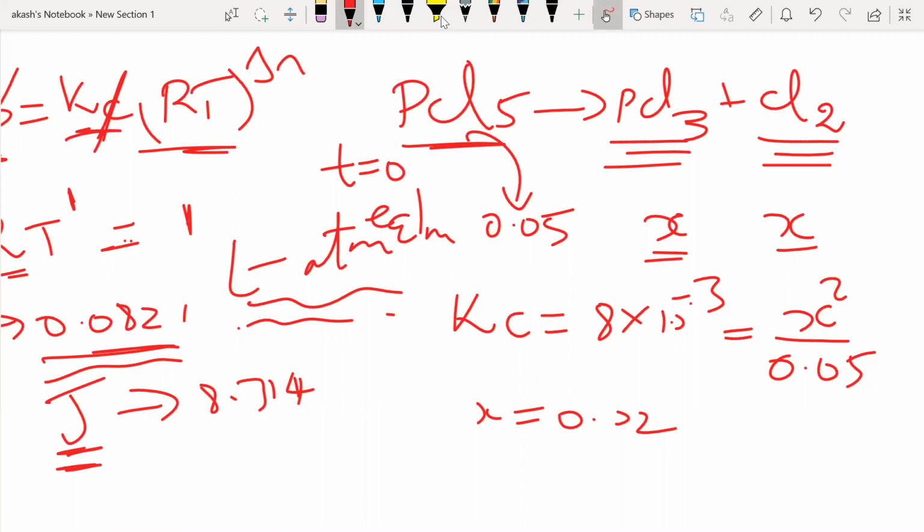Given the reaction A plus B giving C plus D, that question. Okay, for this, you can easily draw the equilibrium table. If you draw the equilibrium table, the problem is done. That's it.